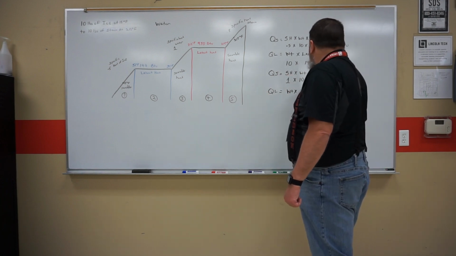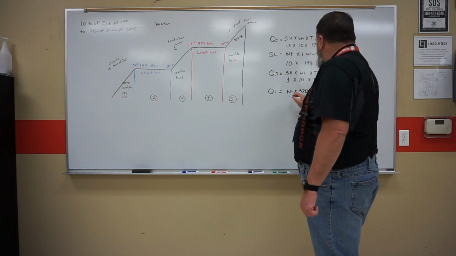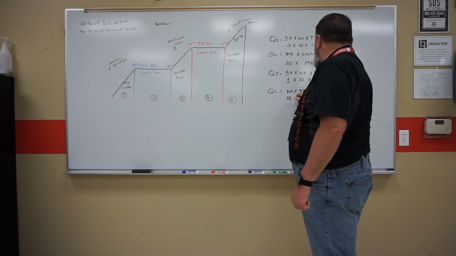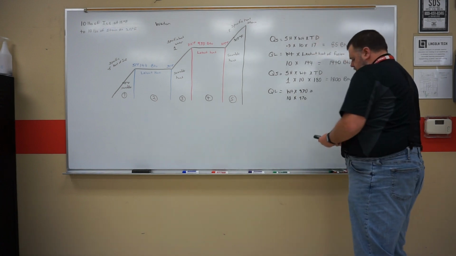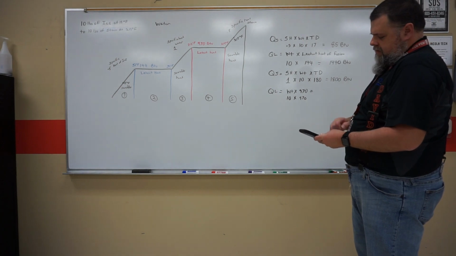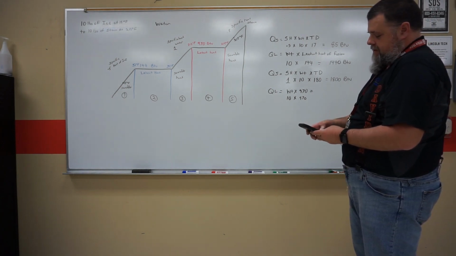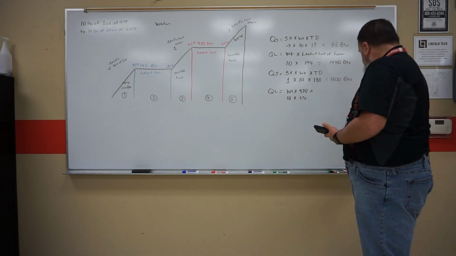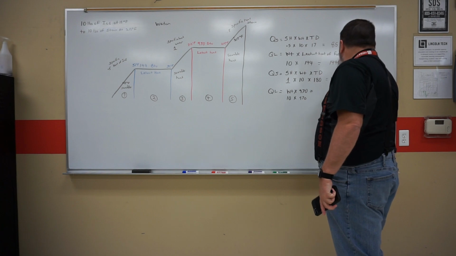Weight times 970. So weight was 10, so that'll be 10 times 970. Ten times 970 should give us 9,700 BTUs.